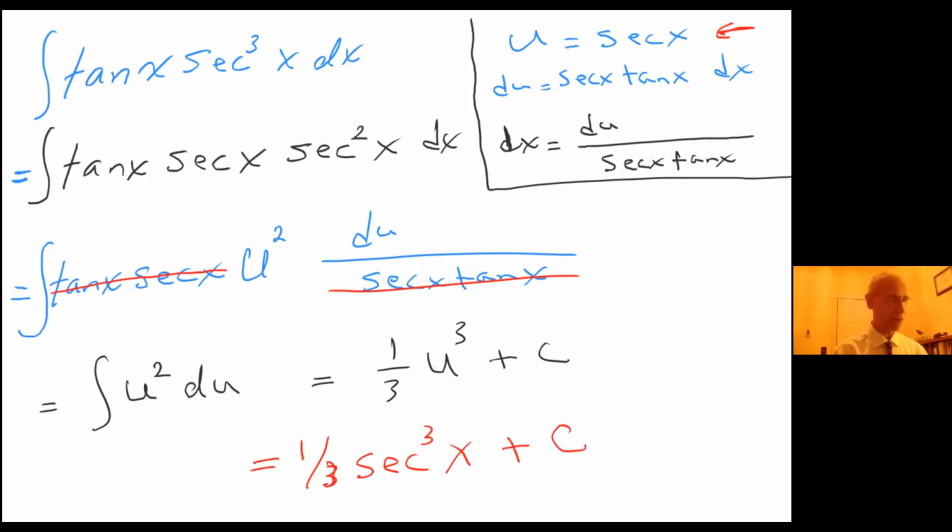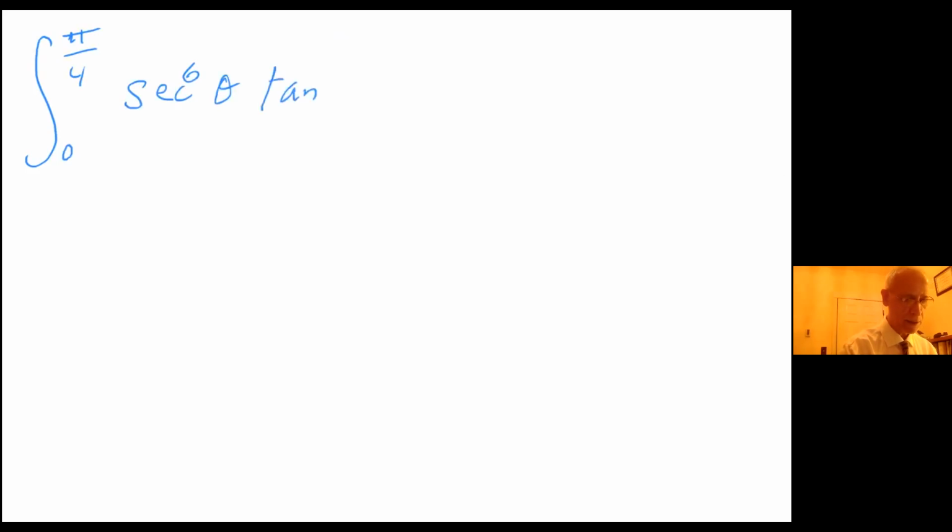Okay, let's try another one. Let's do a longer one. How about the integral from 0 to pi over 4 of secant to the 6th power of theta tangent to the 6th power of theta d theta.